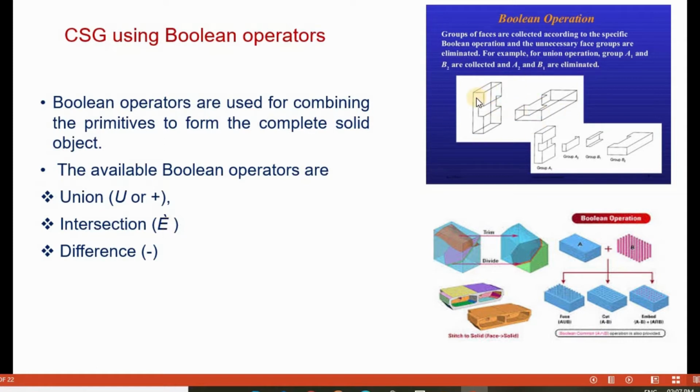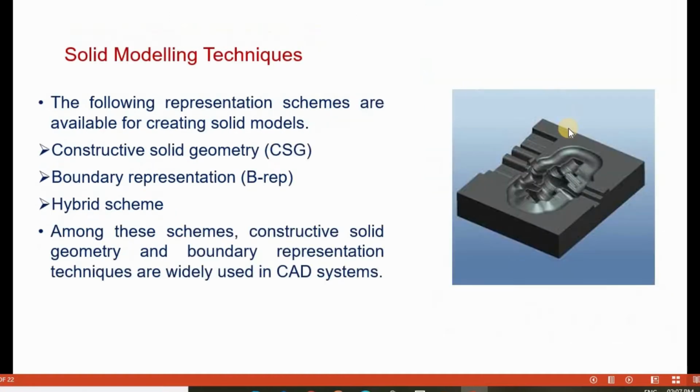The image shows the object with face groups A1 and A2, and similarly B1 and B2. The groups of faces are collected according to the specific Boolean operation and unnecessary face groups are eliminated. For the union operation, groups A1 and B1 are collected and A2 and B2 are eliminated.